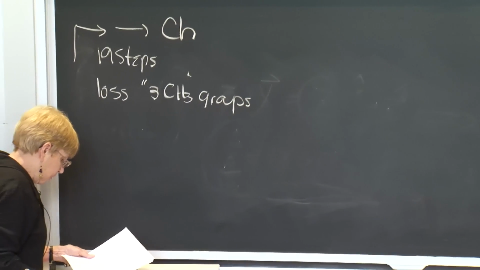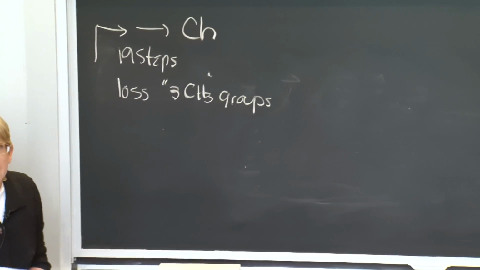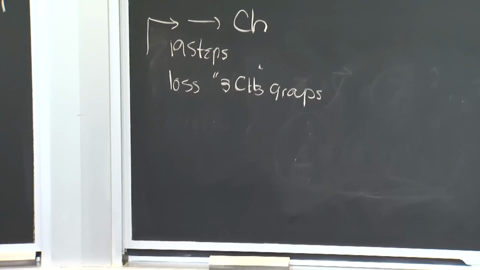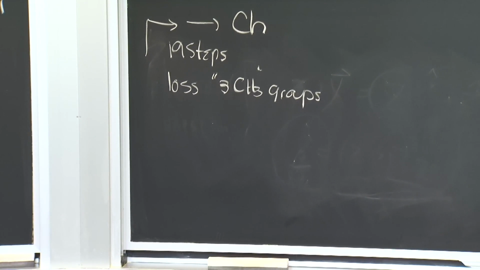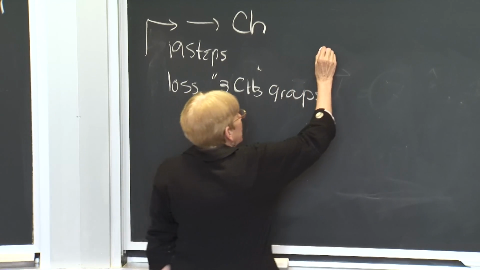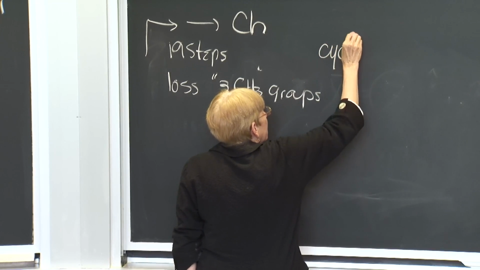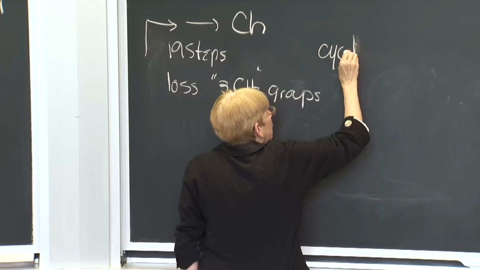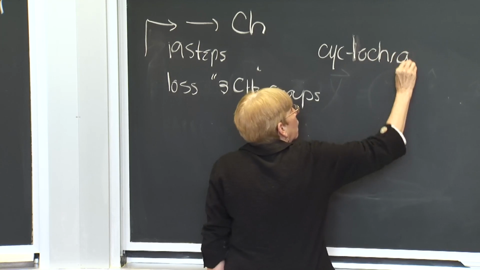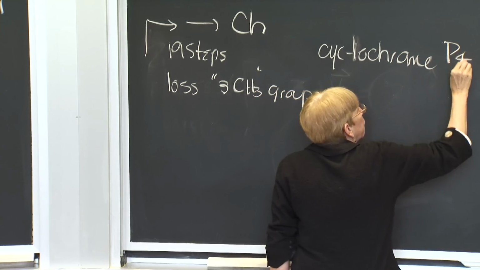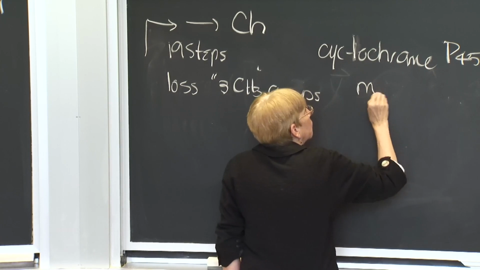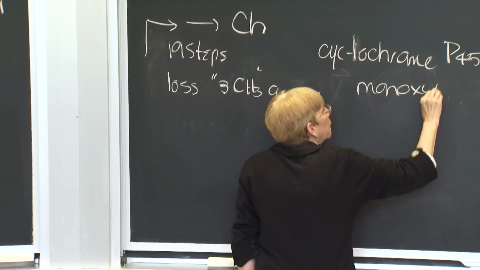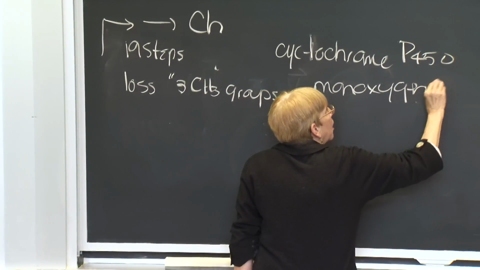And all of these reactions are catalyzed by one kind of enzyme, which is a cytochrome P450 monooxygenase. So we're going to see that all the reactions are catalyzed by a cytochrome P450 monooxygenase, not a flavin monooxygenase.